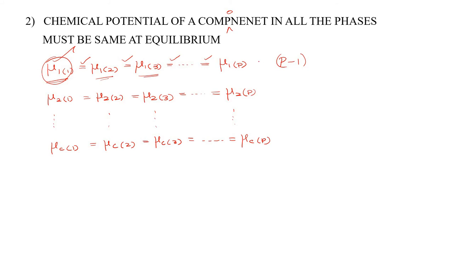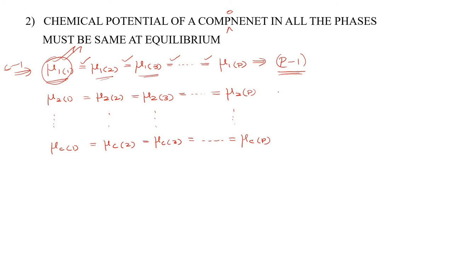Or we can say it the other way: for component 1, using this relation you need not specify p minus 1 variables. You just specify one variable, because since these are all equal, if you know the value of one variable, the other variables automatically get fixed. So, you need not worry about the remaining p minus 1 variables.